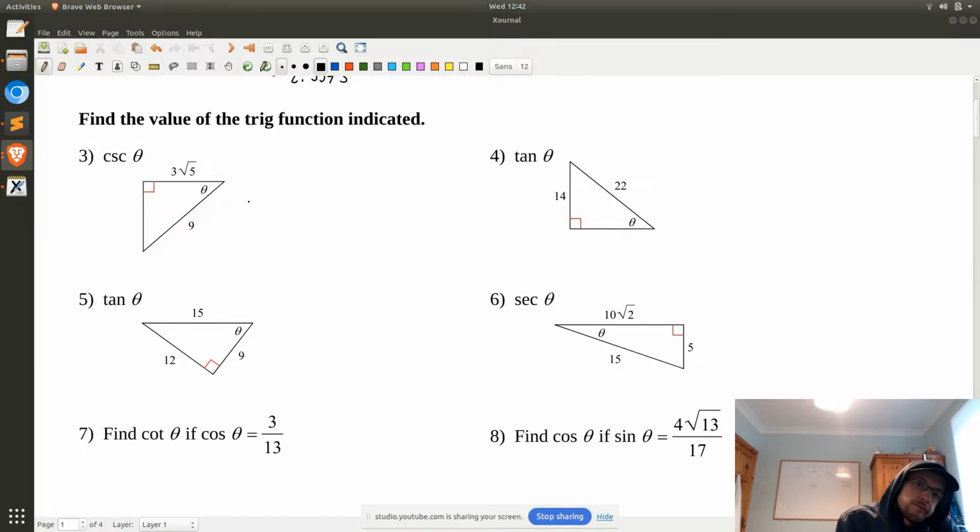Anyway, we've got to find the opposite here. So we'll just use Pythagoras' theorem.